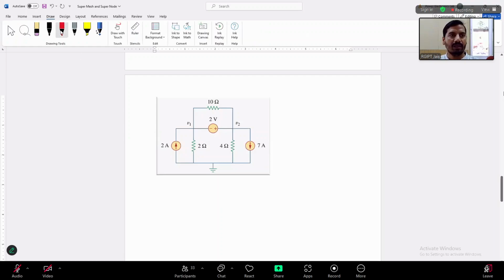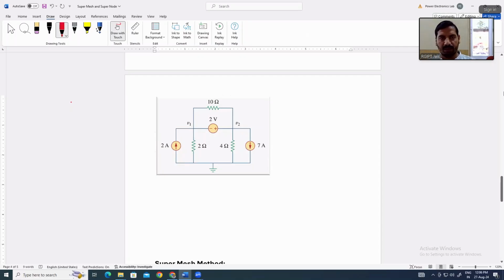If you see clearly, there are two nodes and one reference node, because we have provided ground here. The remaining two nodes are in the circuit, and the voltages at the two nodes are given here, V1, V2. If they are not given, then we have to denote the voltages at these two nodes. Suppose this is node 1, node 2.